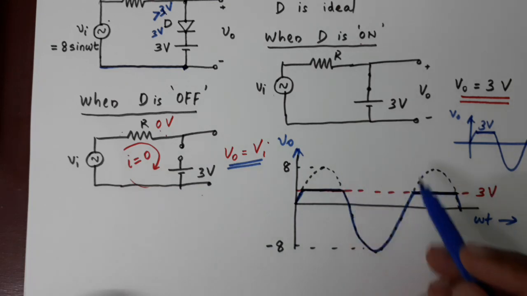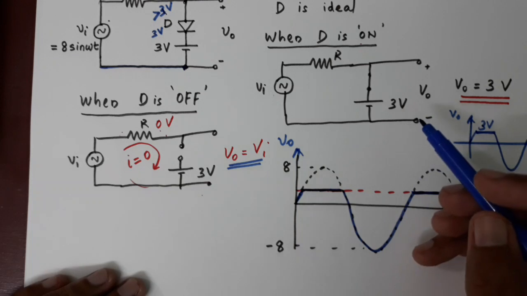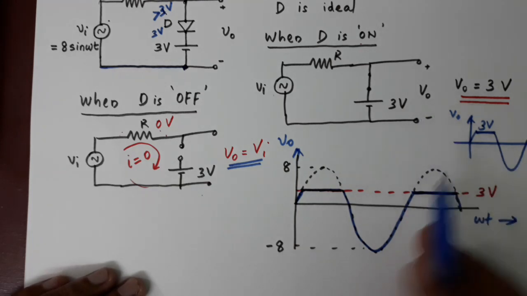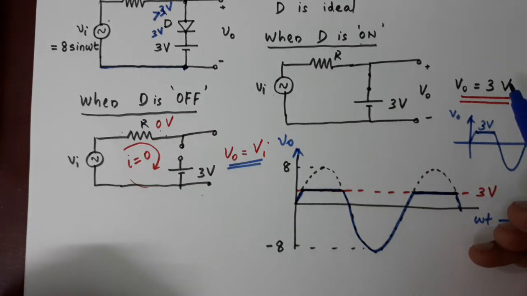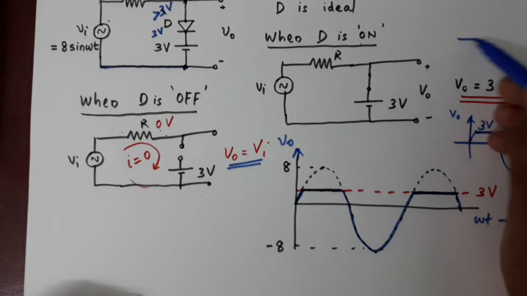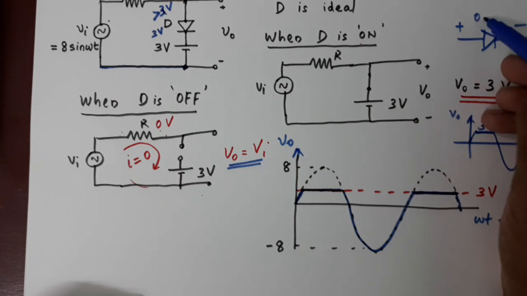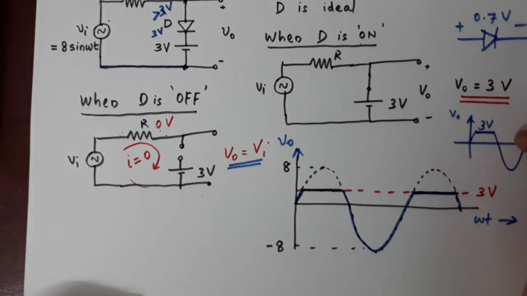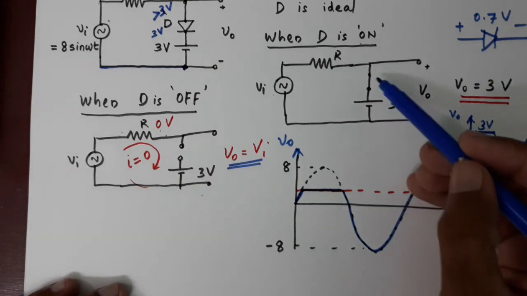So this is for an ideal diode. Now if the diode is a silicon diode, a practical diode, then what will be the change in this waveform? We know that when a silicon diode is conducting, when it is forward biased, there is an on-state voltage drop of approximately 0.7 volt across the diode.